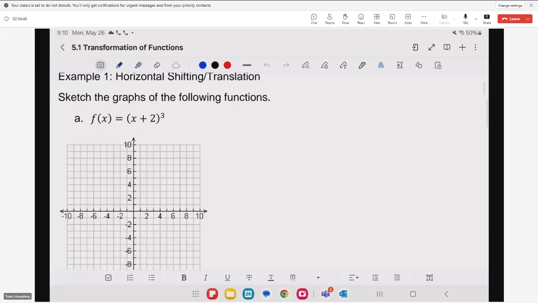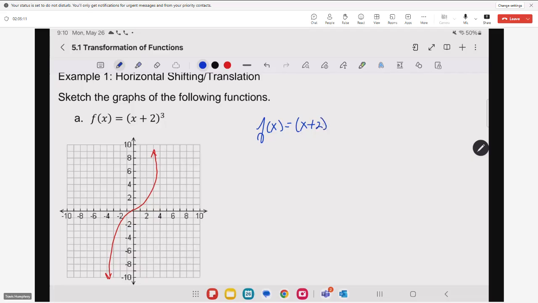Alright, so I'm going to add the parent function to our graph in red, and it's just an approximation so we can kind of see where we're going. So it looked kind of like this, and I'm no artist, so just forgive the way that looks. Okay, so let's talk about f of x equals x plus 2 to the third power.